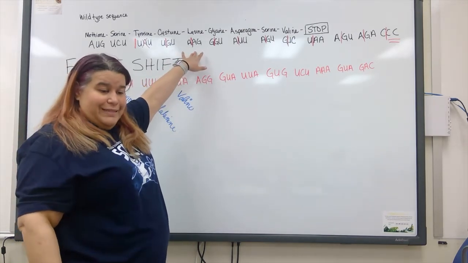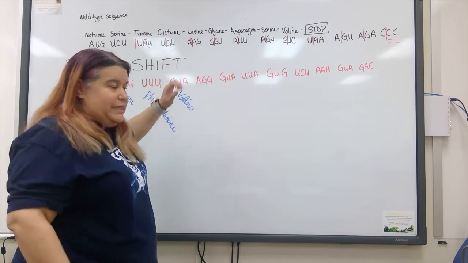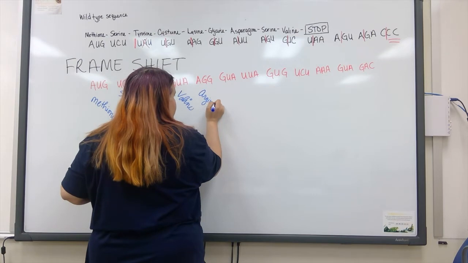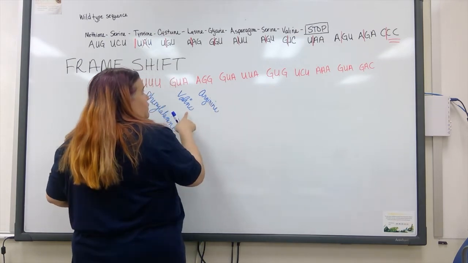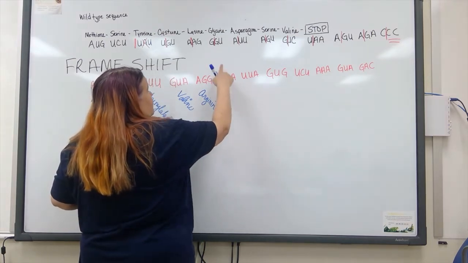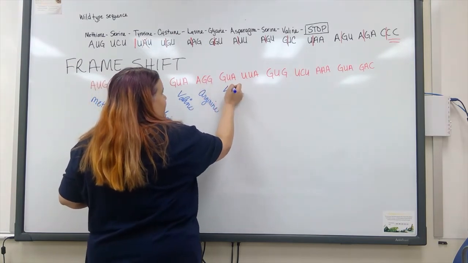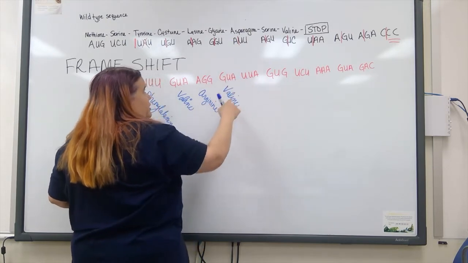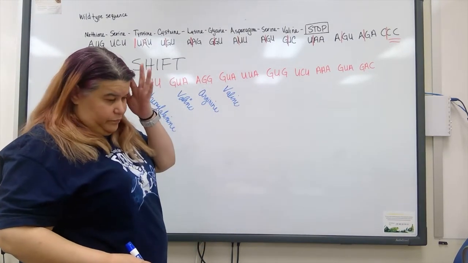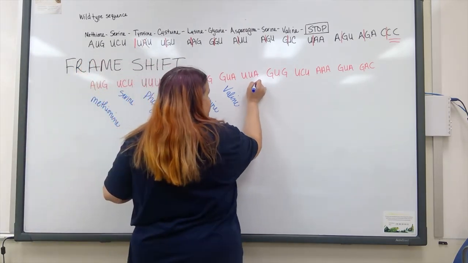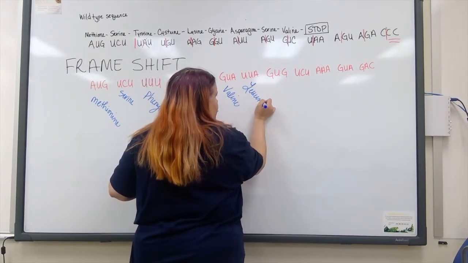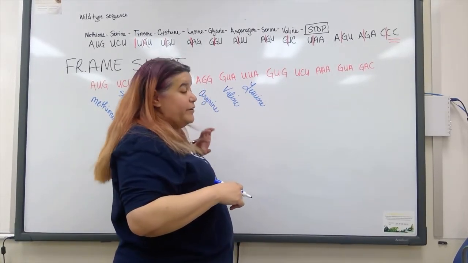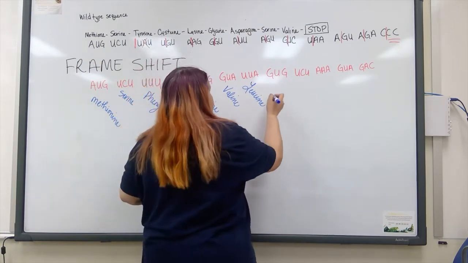No longer lysine, it's arginine. No longer glycine, this is valine again. No longer asparagine, it's leucine. No longer serine, it's again valine.